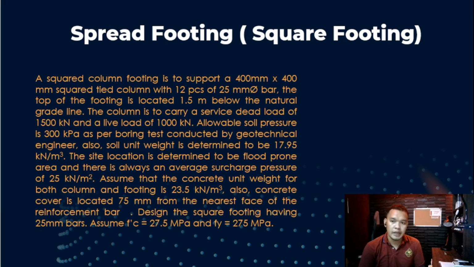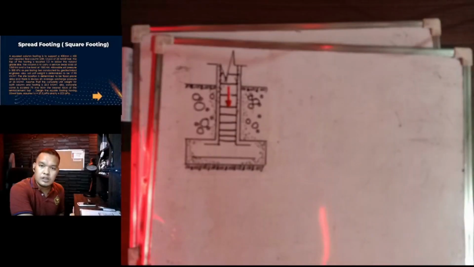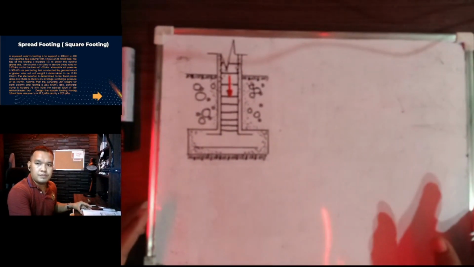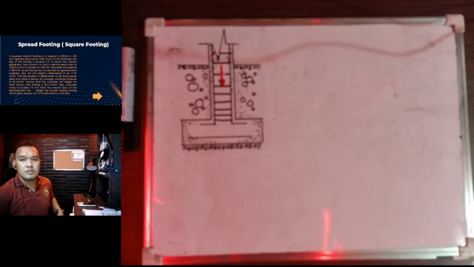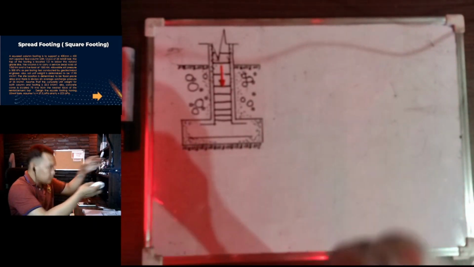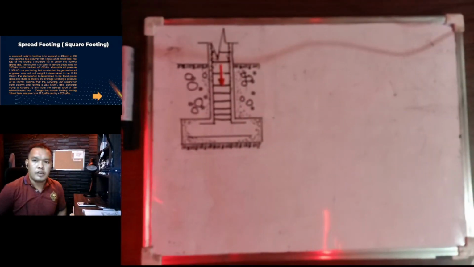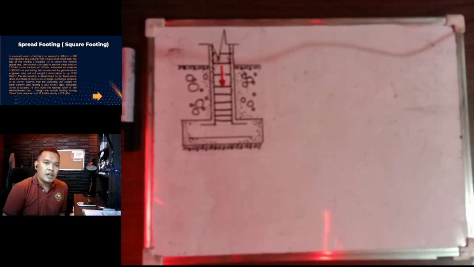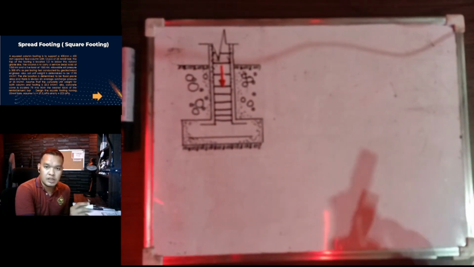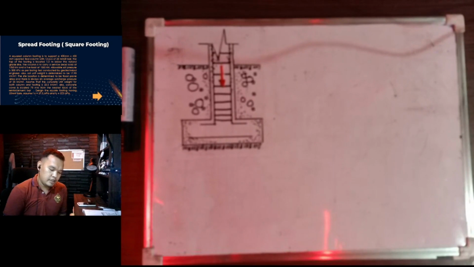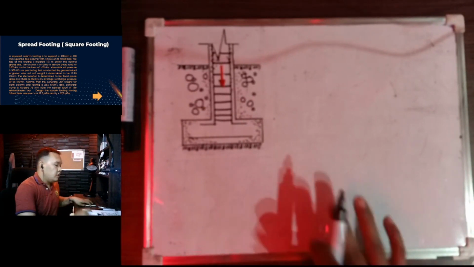When we compute or design our structure, we need to understand our problem properly. If there is no figure, you need to draw it properly. So if you have a drawing of your foundation, you can identify the given parts. We have the given dead load and live load.